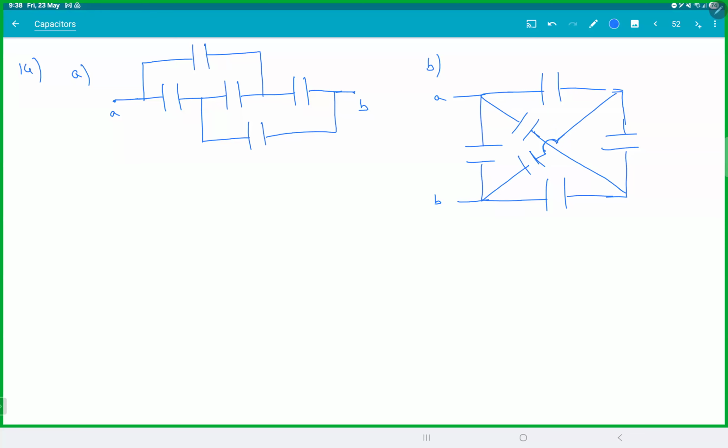Find CAB. This in the middle, this curve indicates it is jumping over.